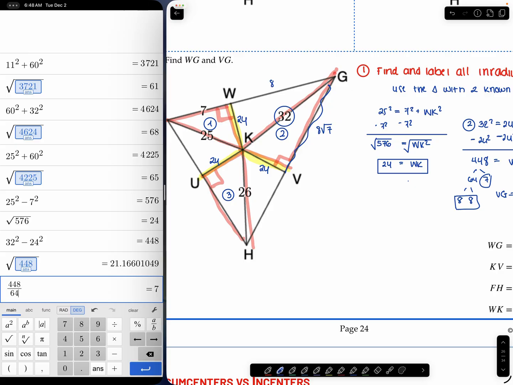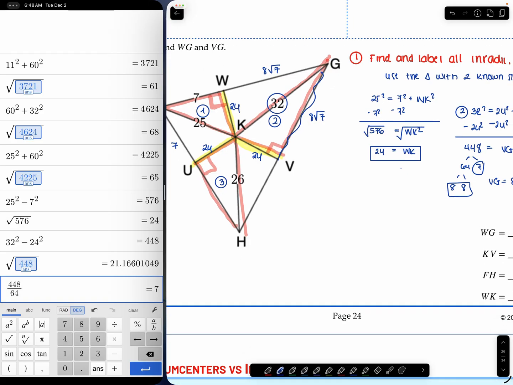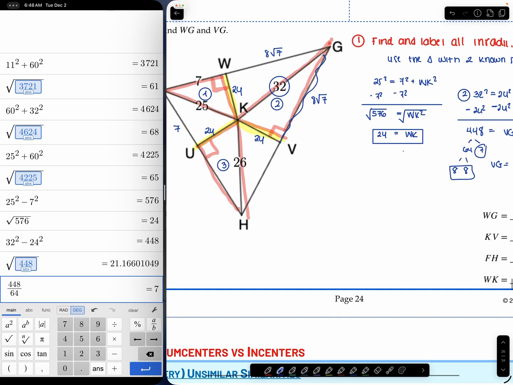And that is exactly what WG is as well, 8 square root of 7. In fact, this one over here is 7. Last but not least, we have this triangle on the bottom that we have to find UH for. We have 24 here, 26 there. Triangle number 3, hypotenuse is 26.